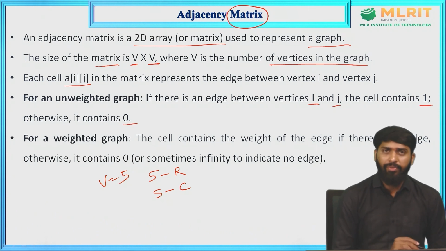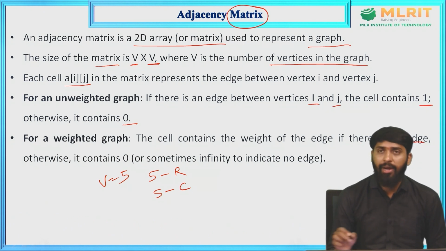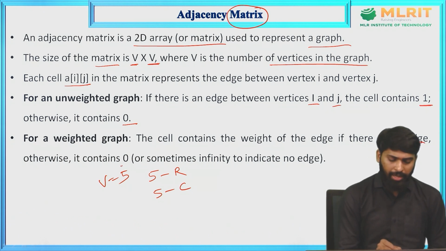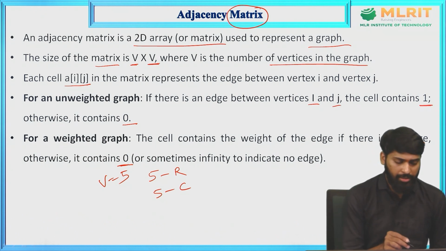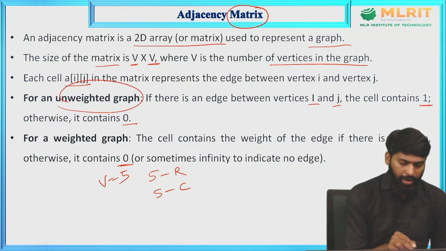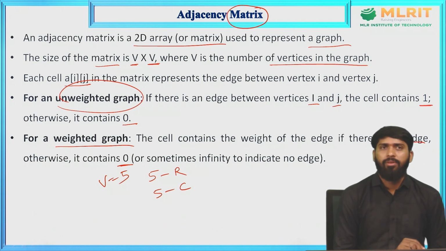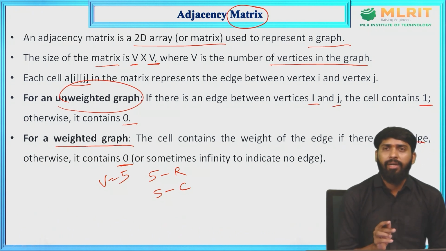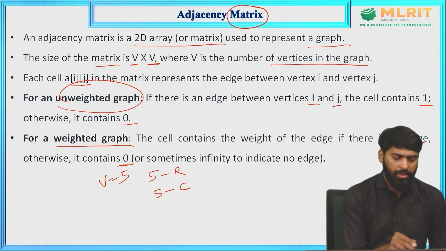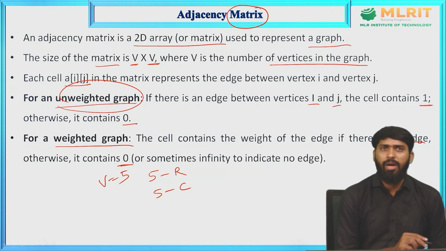For a weighted graph, the cell contains the weight of the edge if there is an edge. Otherwise, it contains 0. In our previous class, we discussed unweighted and weighted graphs. A weighted graph means the edges have some cost. If there is no cost, we call that an unweighted graph.